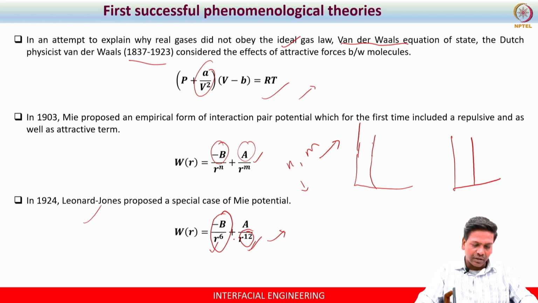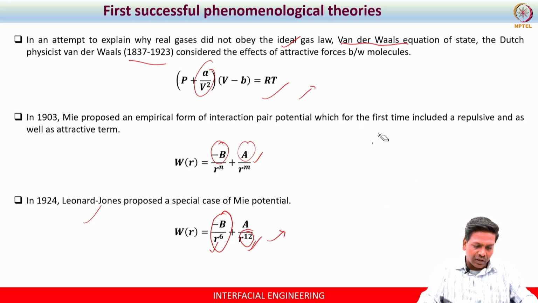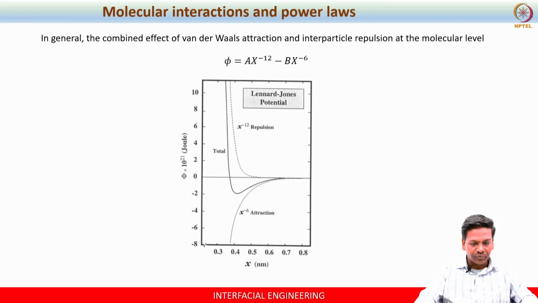So this is about the Lennard-Jones potential. Minus B over r power 6 is the attractive term, and A over r power 12 is the repulsive term. Now we know the combined effect of van der Waals attraction and repulsion at the molecular level.